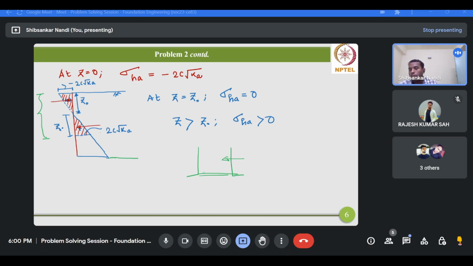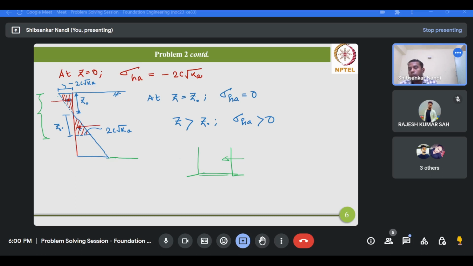Now what you have to do is consider these two triangles individually. First of all, you know the base and height of this triangle, and you know the base and height of this triangle.